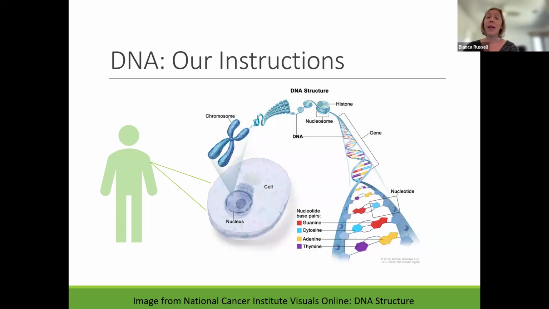And our DNA is our instructions that ultimately makes the proteins in our body, and the proteins are what is every cell and every part of our body. And so this is sort of a basic picture just showing the different parts of the DNA. If you start at the end here with the nucleotides, those colored hexagon type shapes, those are the basic nucleotides, the basic building blocks of our DNA.